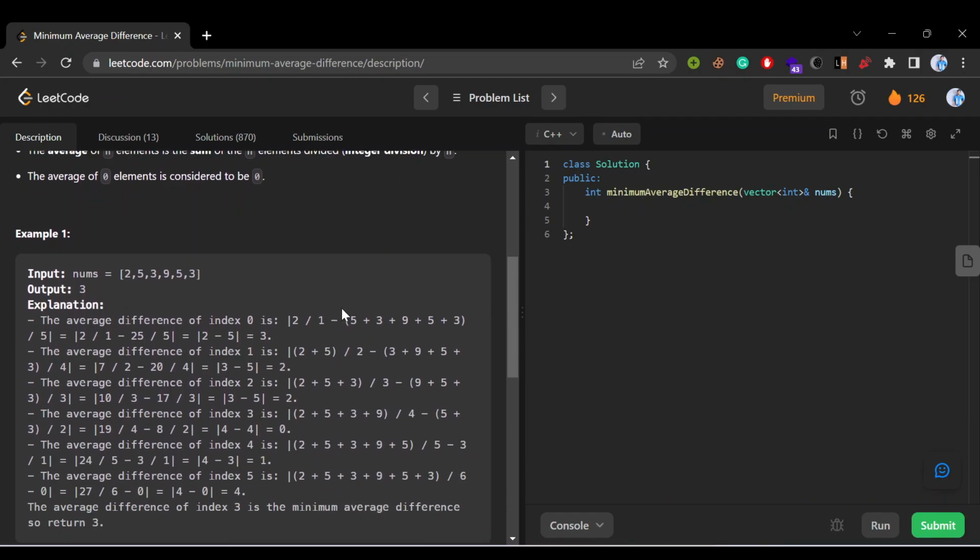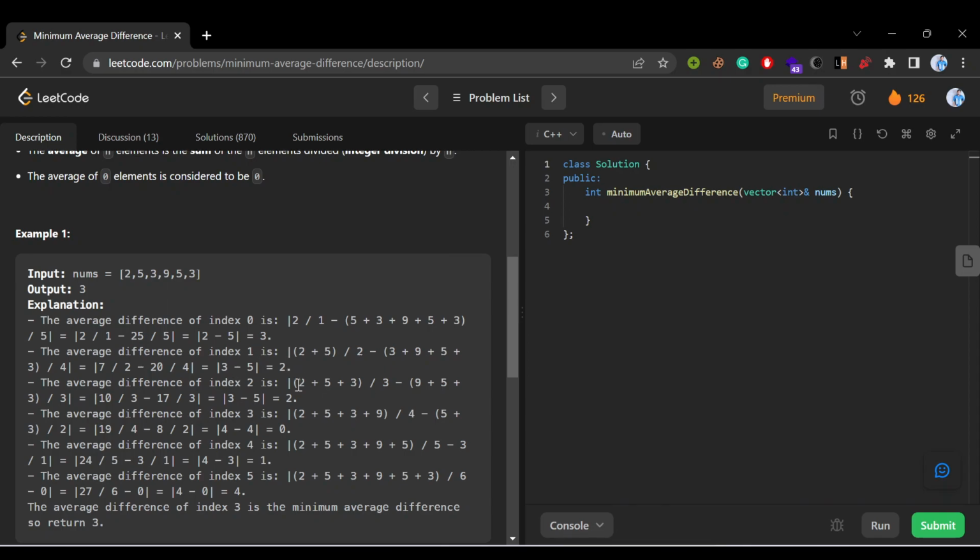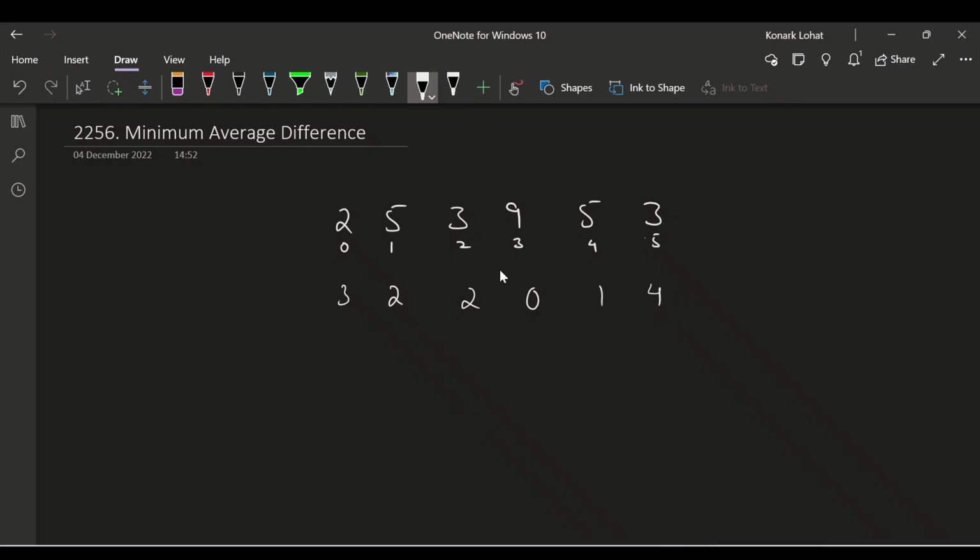And then you can also find the averages of these points. This will be 2, 0 and 1 and 4. So 3, 2, 2, 0, 1, 4. Very good. Now we have this average, and the minimum average that you can find is 0, right? But you don't need to return the minimum average, the number, you need to return the index. So the answer will be 3, the index at which you can find the minimum average.